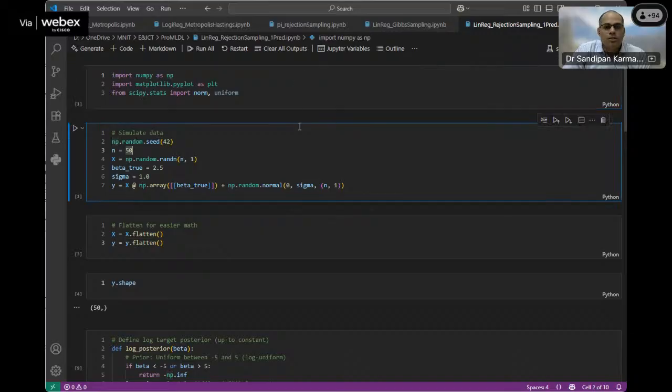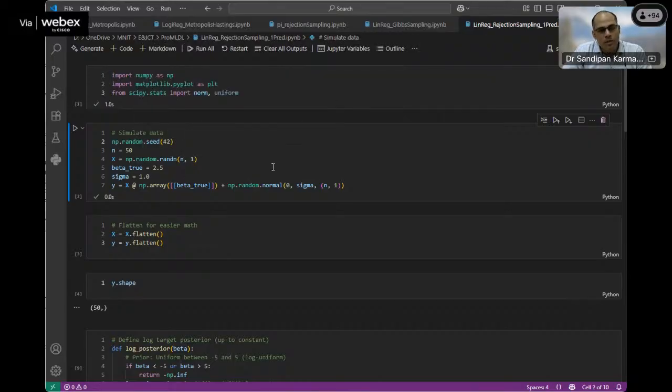Let me run this, and then I'm generating some data. So 50 data points I'm generating.